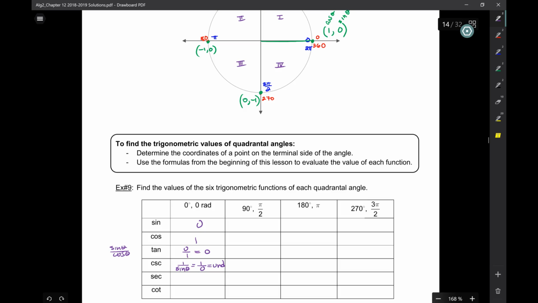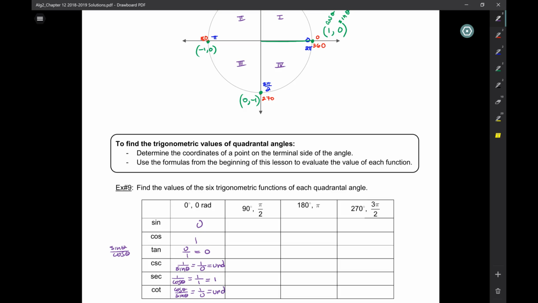What's the secant? That's 1 over cosine. 1 over what? What's the cosine there? 1. Okay? Cosine is the x-coordinate, sine is the y-coordinate. What's the cotangent? Cosine over sine. So 1 over 0, undefined.